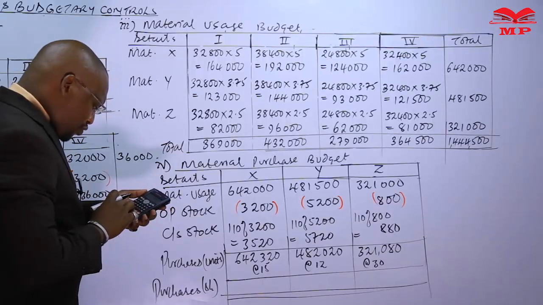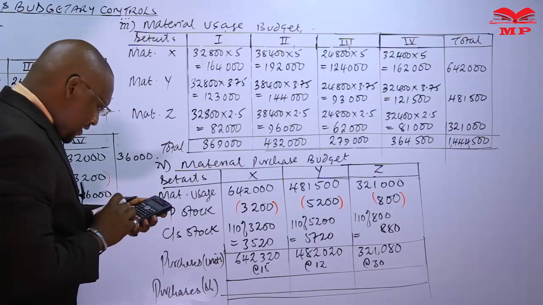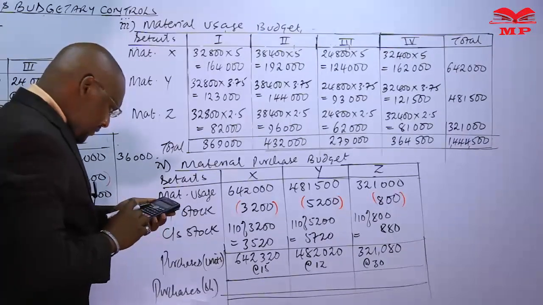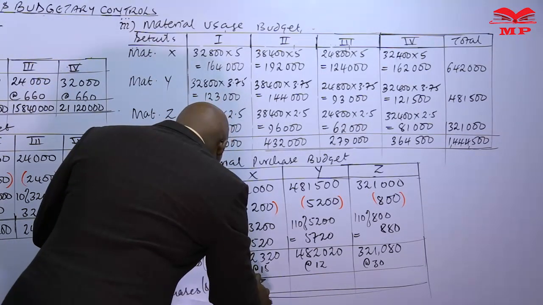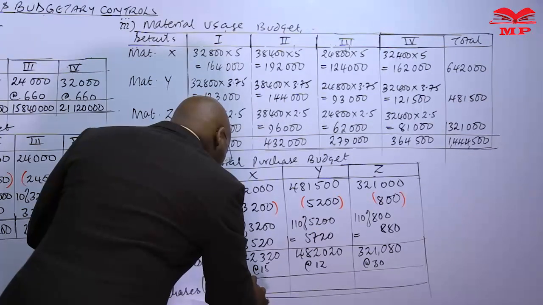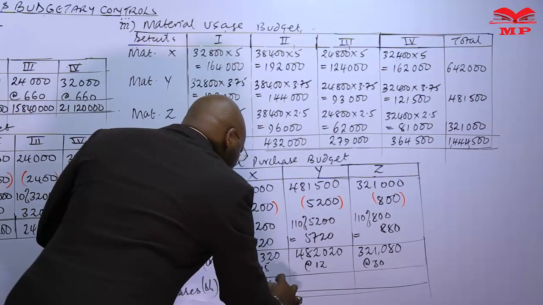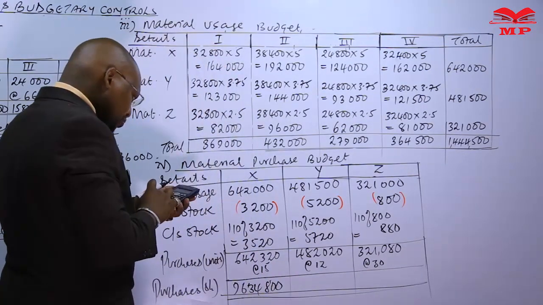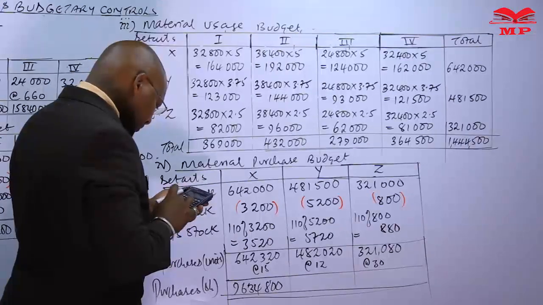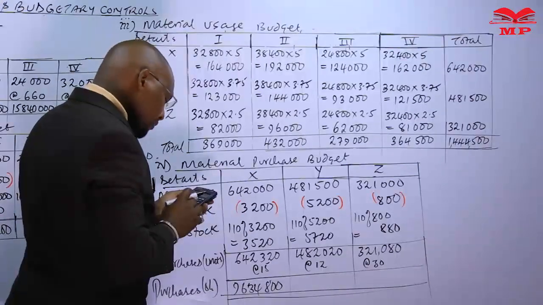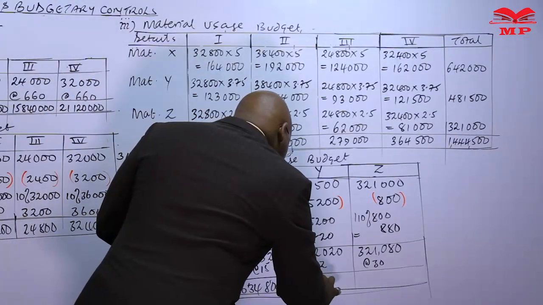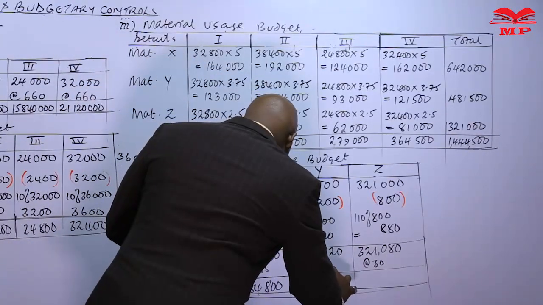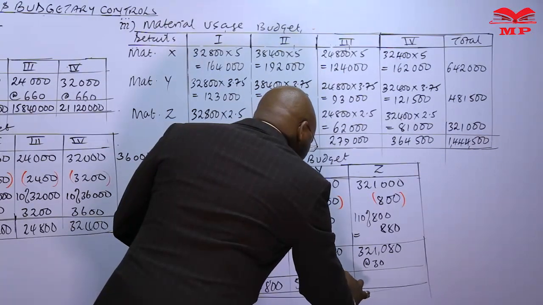The 642,320 multiplied by 15 is 9,634,800. 482,020 times 12 is 5,784,240.